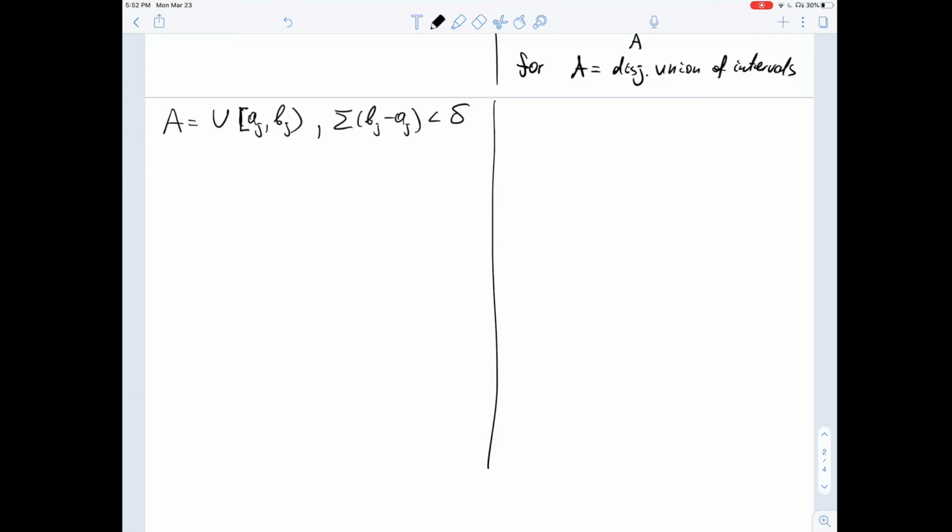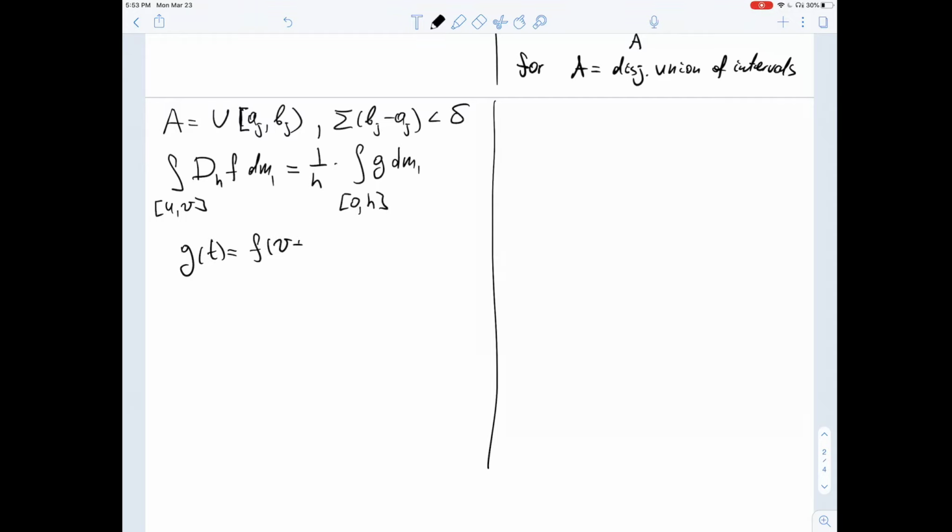Okay, so let's recall that if we integrate our derivative from u to v, it will be 1 over h times the integral from 0 to h of the function g dm1, where g of t is equal to f of v plus t minus f of u plus t.